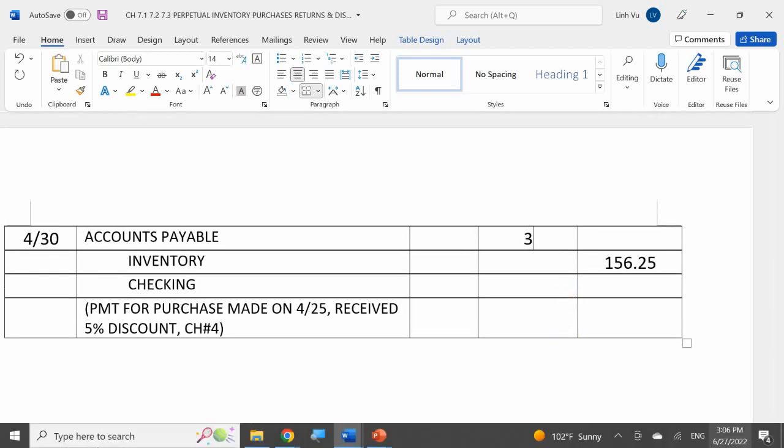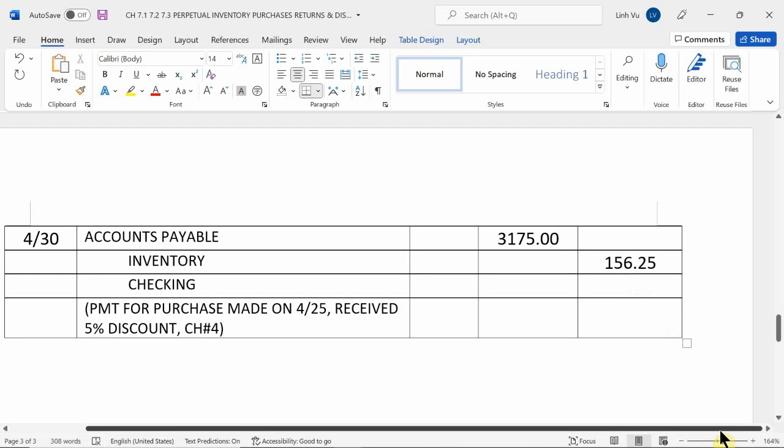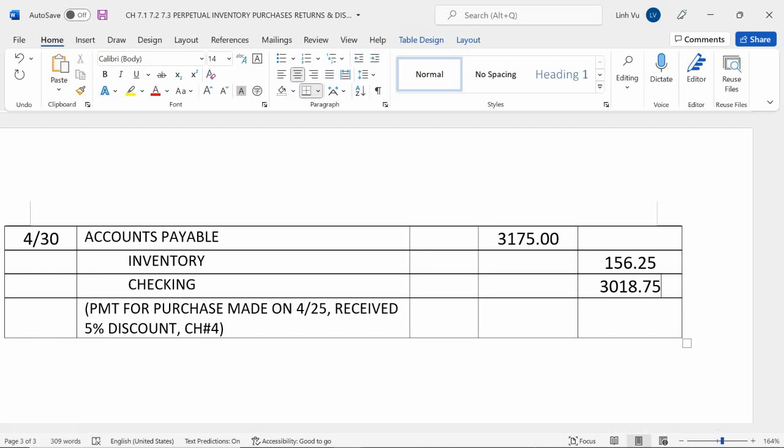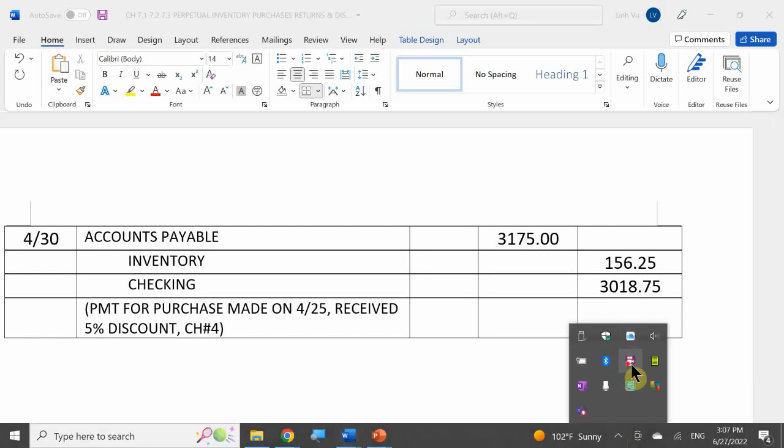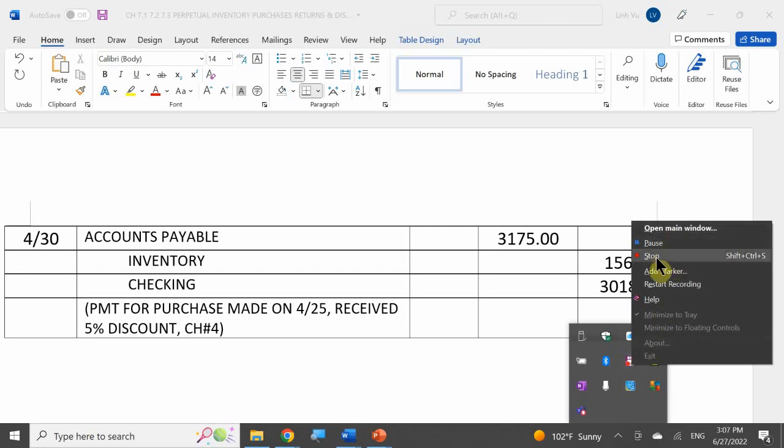So if I owed 31.75 and I discounted by 156.25, how much am I actually going to pay? $3,018.75. Good. All right. Excellent. Okay, so that is it for the first section of chapter 7.